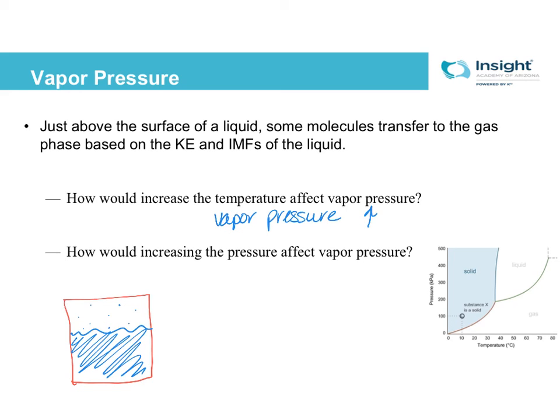And you can even see that as you increase pressure, things are more likely to be in your solid state. So high pressures tend to have things in solid state. It can be liquid as well, but then you have to get into some pretty high temperatures at that point. But for the most part, if your pressure's high enough, you're going to keep things in liquid or solid. So if you increase the general pressure, you're going to decrease vapor pressure.